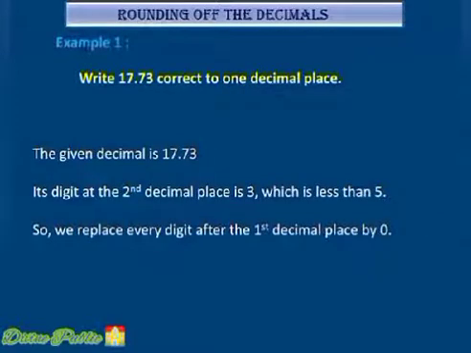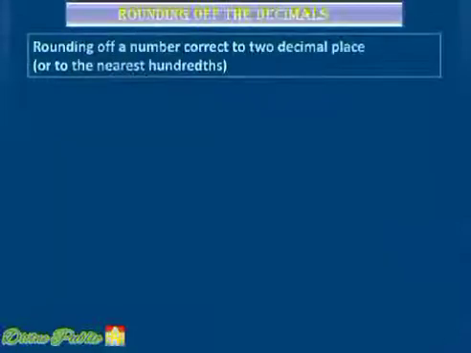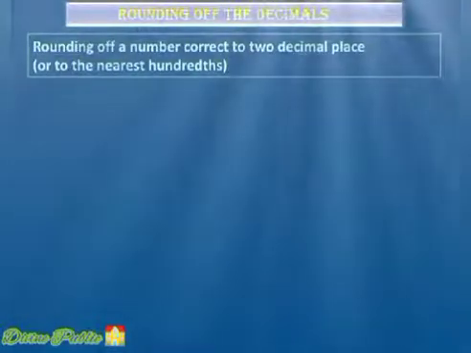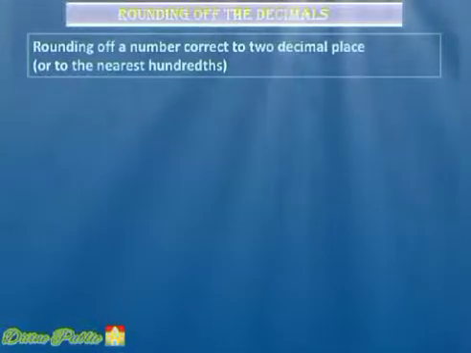So we replace every digit after the first decimal place by 0. Therefore, rounded number is equal to 17.70.